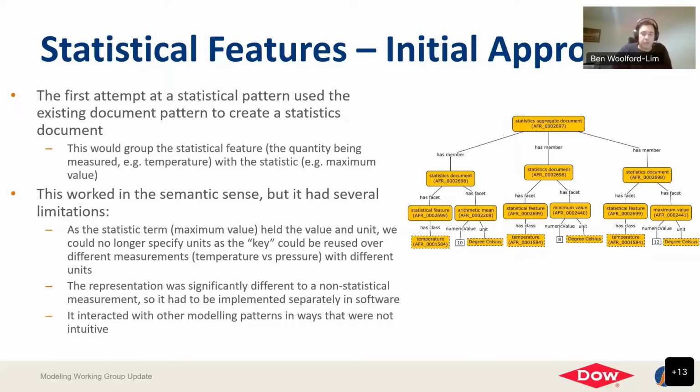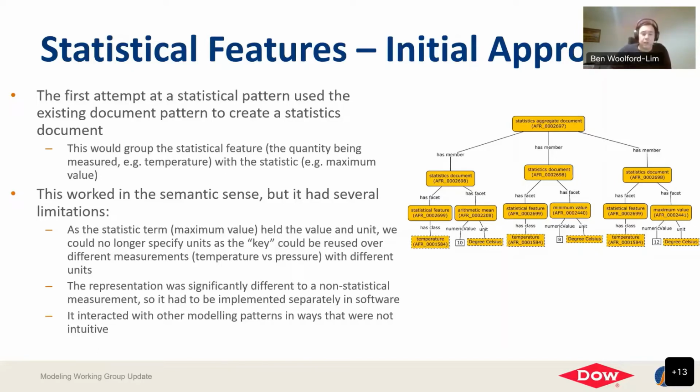As a result, because of the way the shapes for the ADM and the ASM work, we could no longer actually specify a specific unit, because arithmetic mean for temperature doesn't have the same unit as arithmetic mean for pressure or for velocity. You have this problem that when the unit is hooked to that specific key, you can't restrict it because that key might be used in other places. So we had that problem, which was a significant concern.